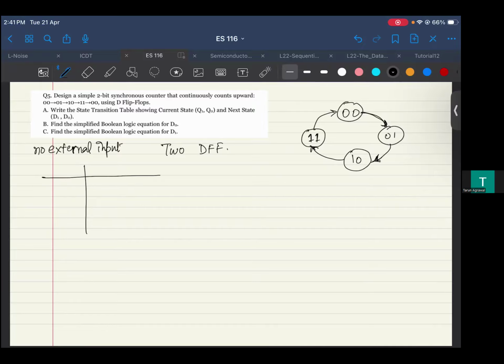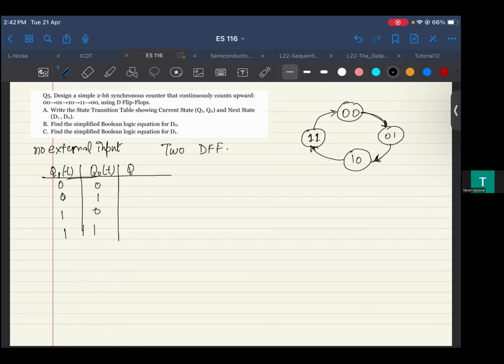Let's say these are my present states, which are Q, so this is Qt, that is my present state. But there is no external input other than this. So there are only 2 inputs, and we can just describe them as 00, 01, 10, 11. These are the possible inputs.